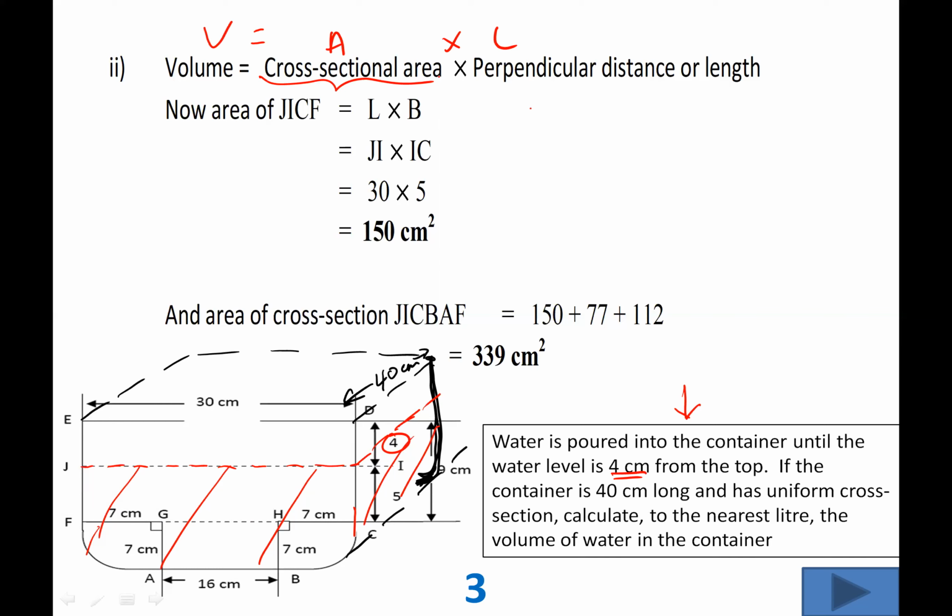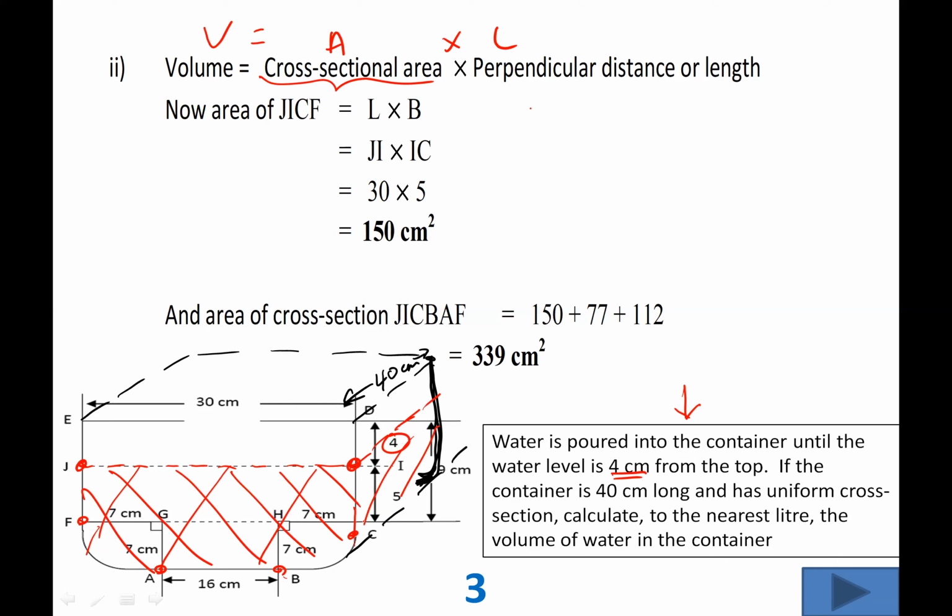Now, the cross-sectional area that we're going to be talking about here will be J, I, C, B, A, F. That's the cross-sectional area that we're talking about, which is what I'm highlighting here.